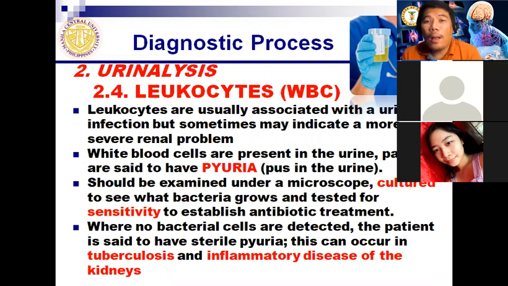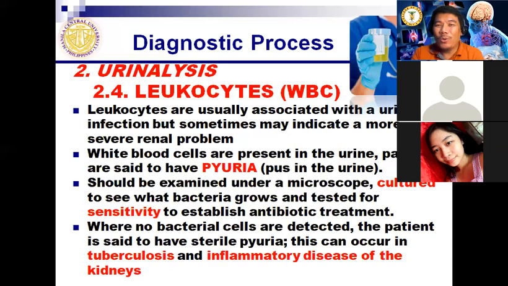However, as what I've told you, bacteria are expected, but not at an extreme level in the results. There are some instances in the results of the urinalysis that no bacterial cells are detected. What are those conditions? Those who may have tuberculosis, or those who may have inflammatory disease of the kidneys, usually the patient is said to have sterile pyuria.